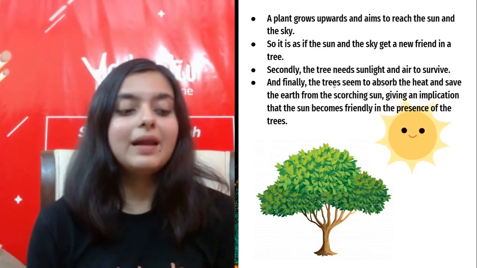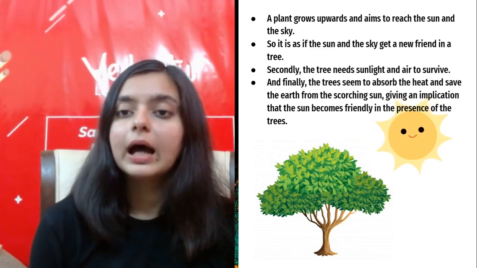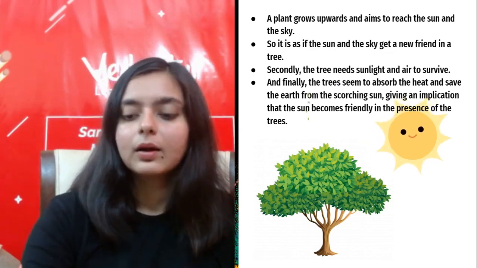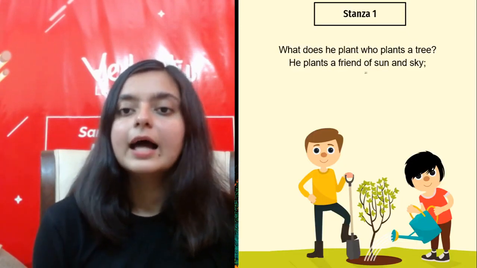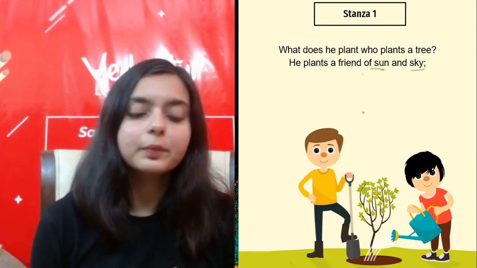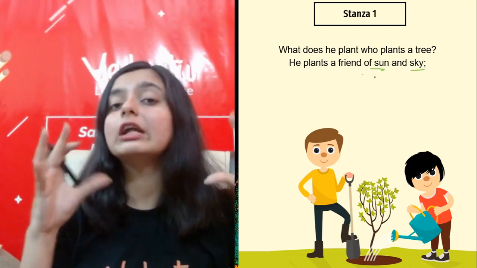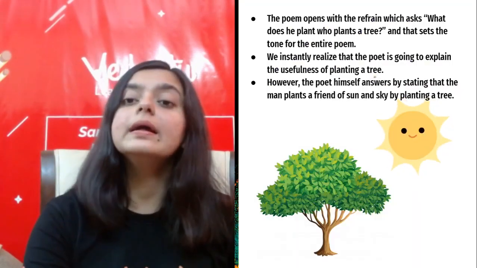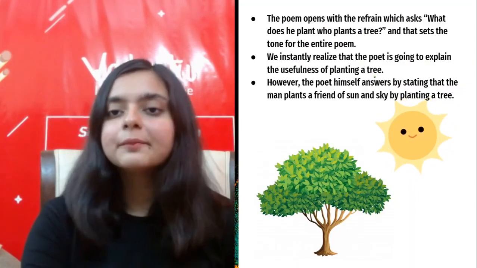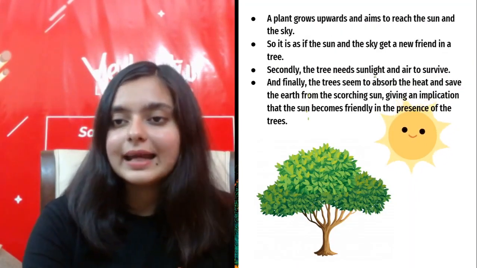How is a tree going to be a friend of sun and sky? Because it's going to reduce the temperature. It's going to be making the sky pure. So that is the advantage.